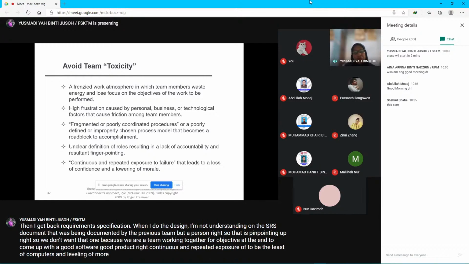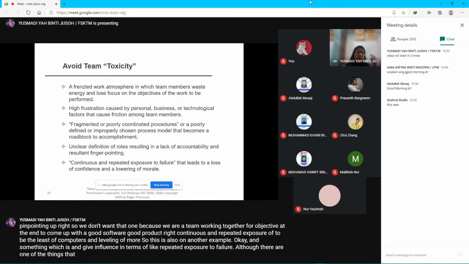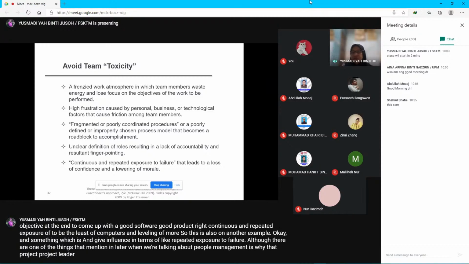So this is another example of something which gives influence in terms of repeated exposure to failure. One of the things that Kate mentioned later, when we are talking about people management, is that the project leader, project manager should share everything with the team members.